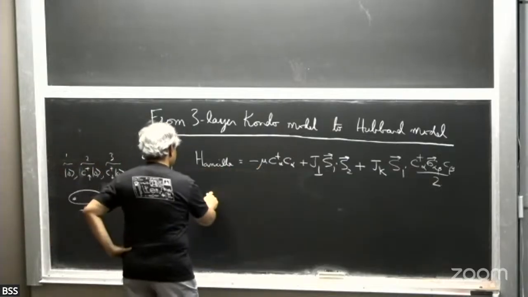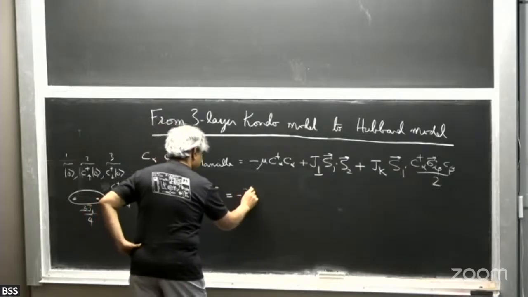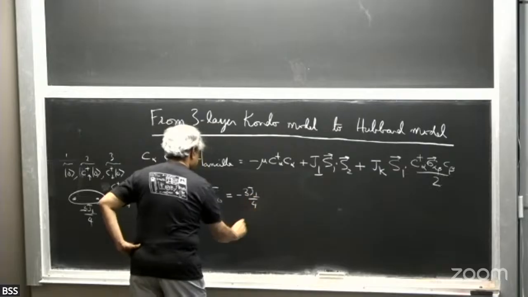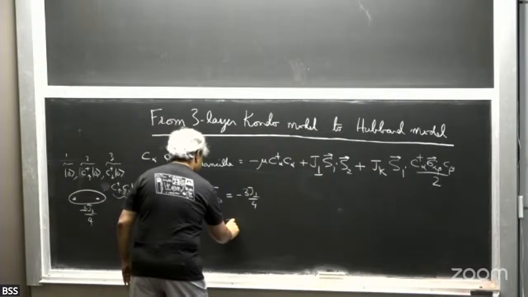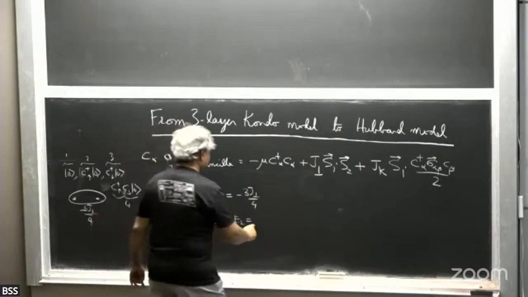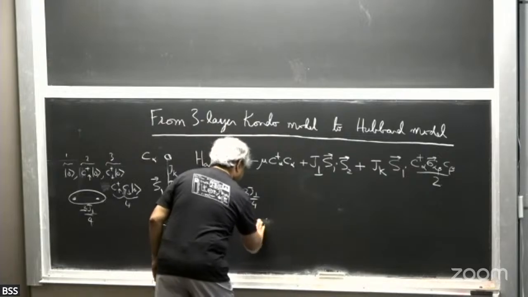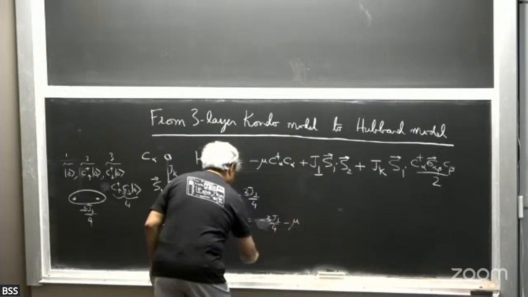So to leading order, you would say that, first of all, E0 is minus 3 J perp over 4. E1, which is going to be equal to E2 always by spin rotation invariance, would be minus 3 J perp over 4 minus mu.